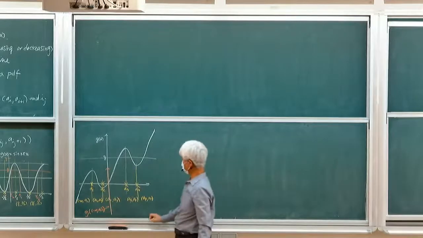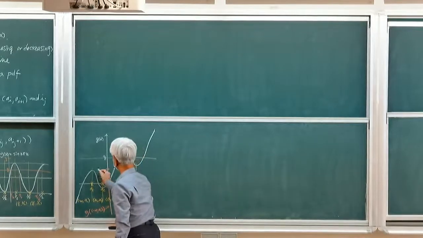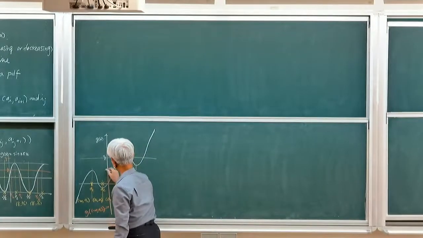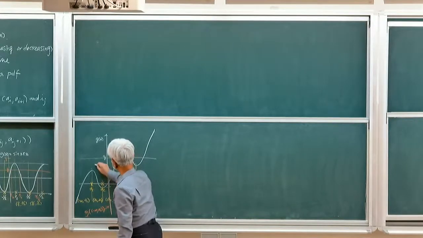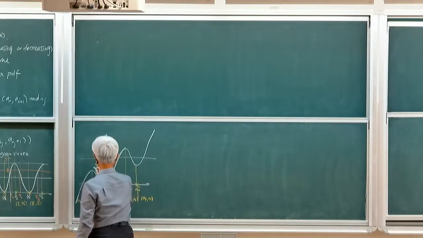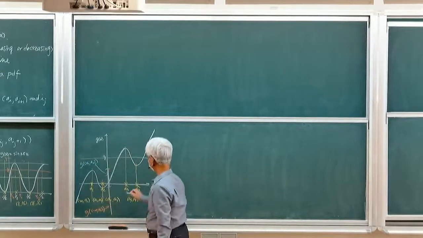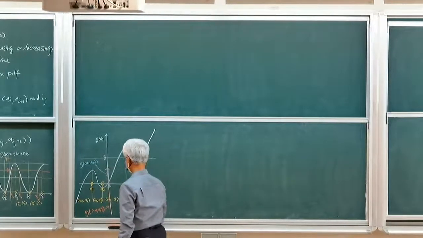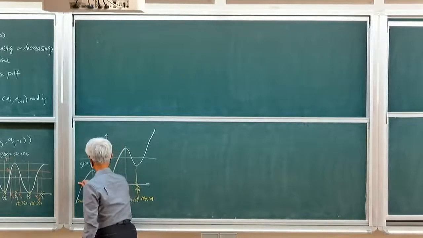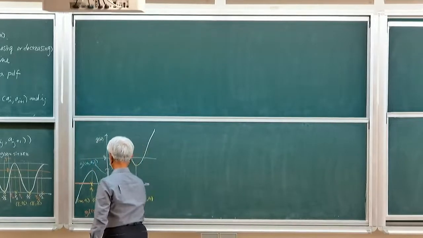And for the second piece, we have from here up to there, so this is the second piece, G of A1, A2.